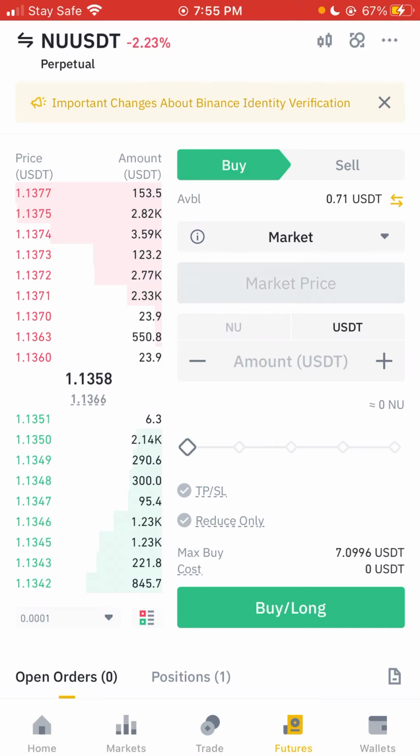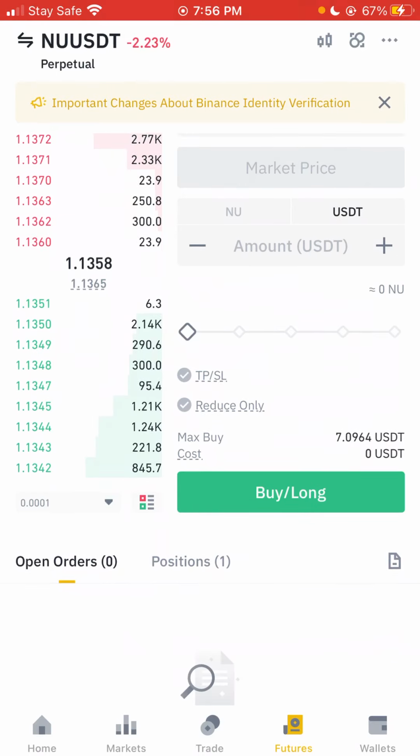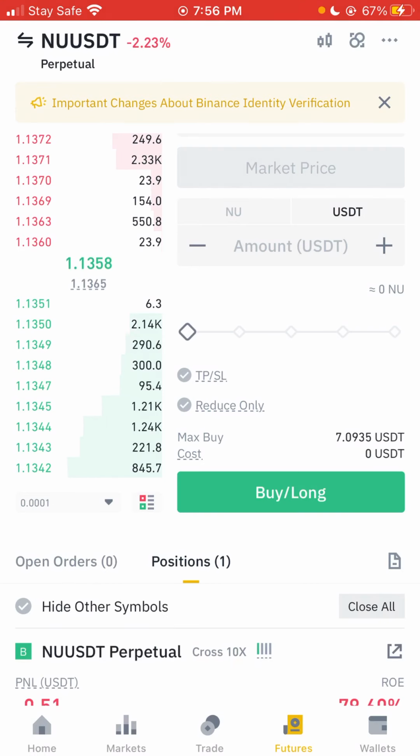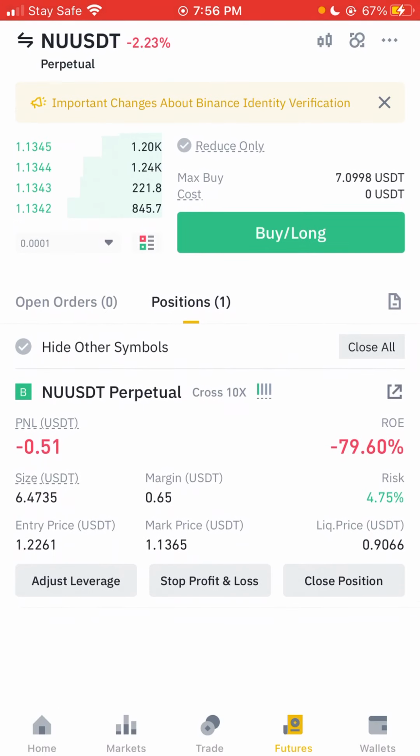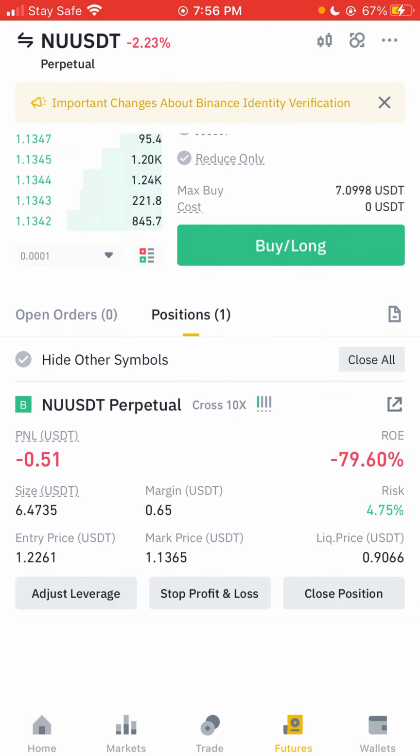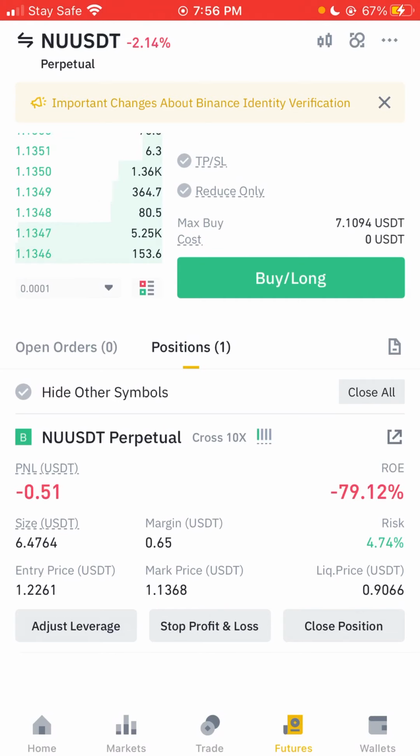But this time around, I want to place, okay, let me use one of these positions. On here I have my NUUSDT and I want to place a stop loss on this market. I bought this at a market price of 1.13, right?